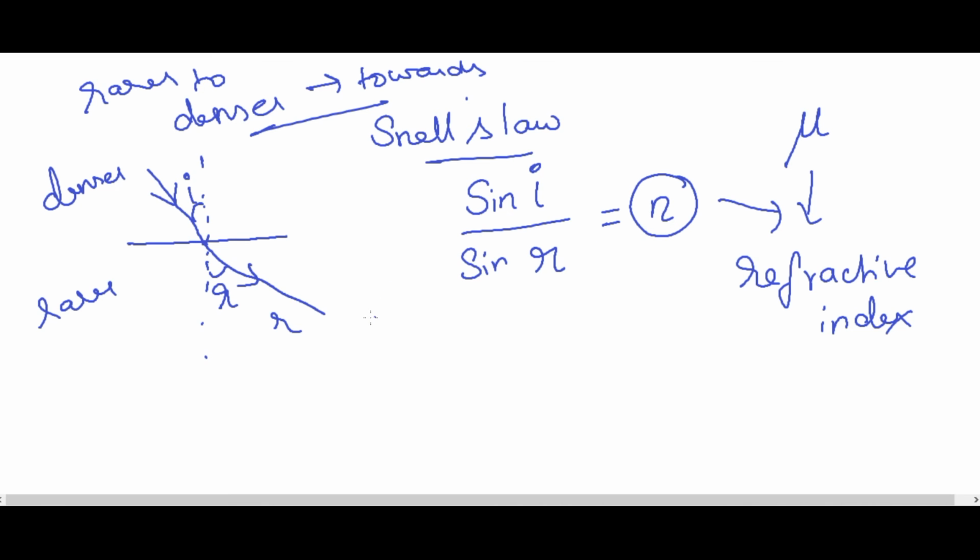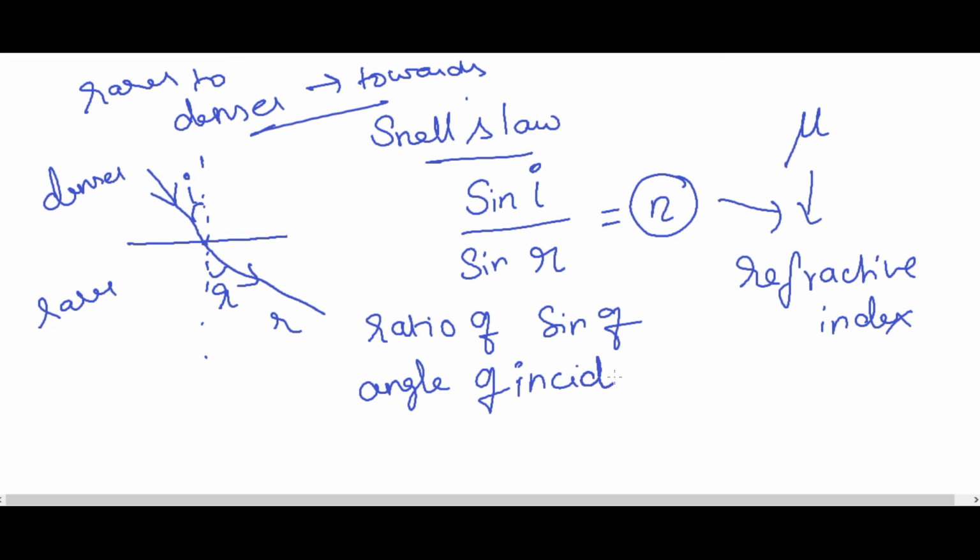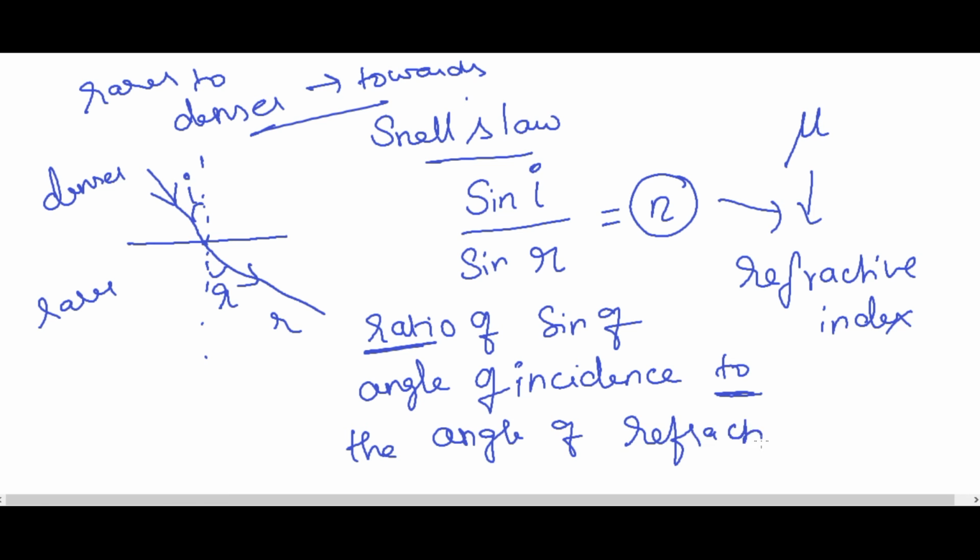Just start like this. Refractive index of the medium is defined as the ratio of sine of angle of incidence to the sine of angle of refraction. If you start with ratio, you must write 'to' also. Students often make mistakes in this term: here it is refraction. I am using the word refractive, but here it is refraction.